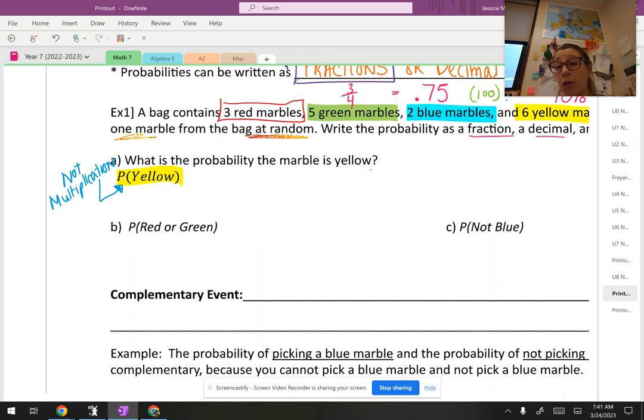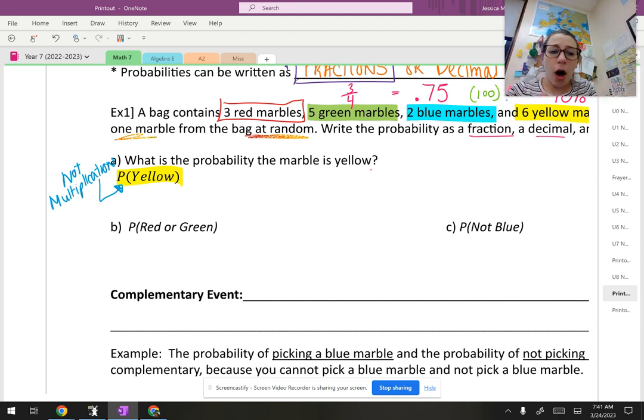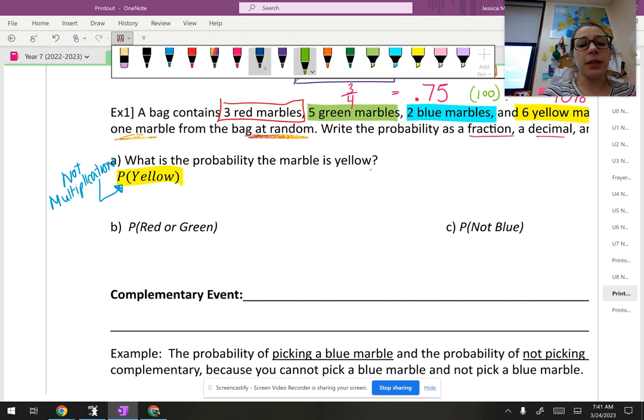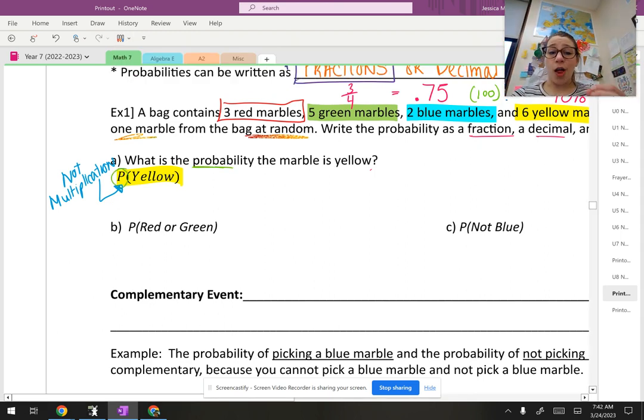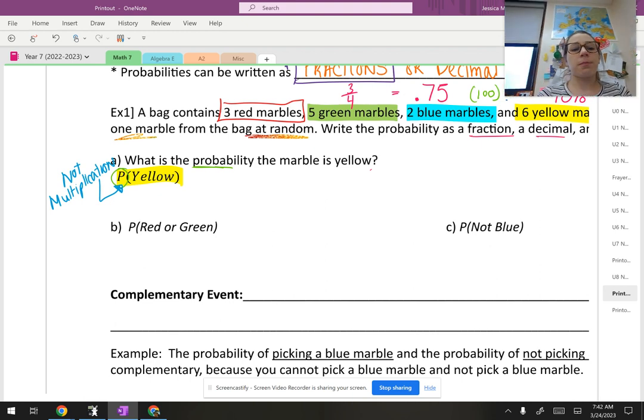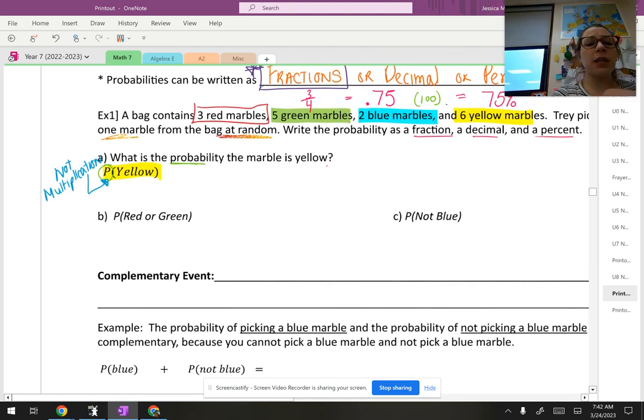That's what's called function notation. You're going to learn about that as an 8th grader more. Function notation basically just means the word of. So this is saying P, standing for probability, if you didn't guess that. It's asking the probability of getting a yellow marble.